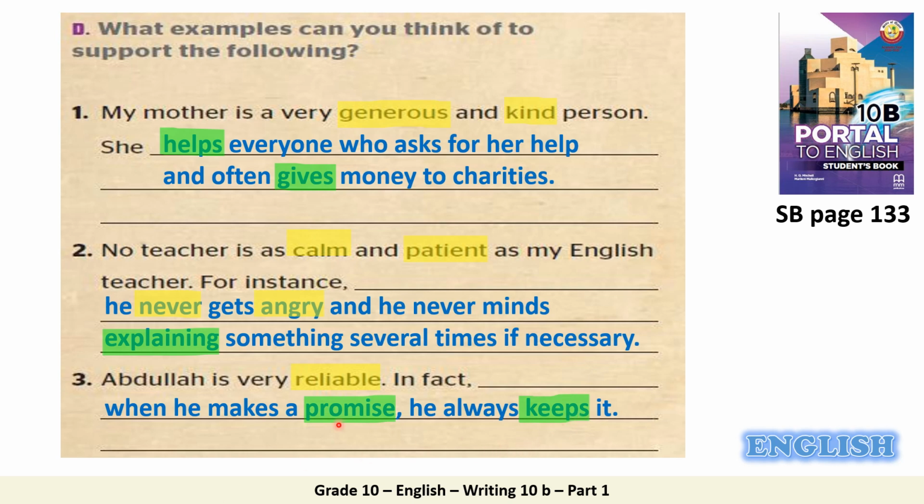So keeping the promise is a justification of being reliable, and this is what you should do. You are not only going to write one sentence of description, but you have to add something to that. I hope it's clear for you how to describe someone.